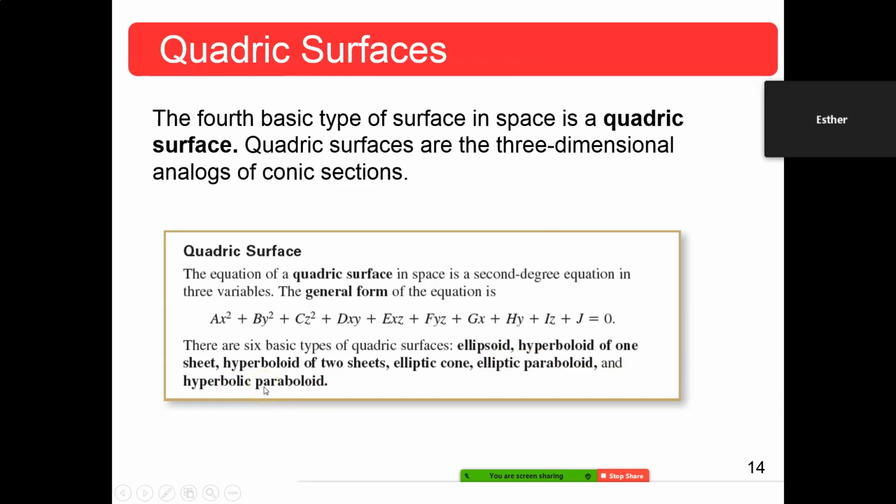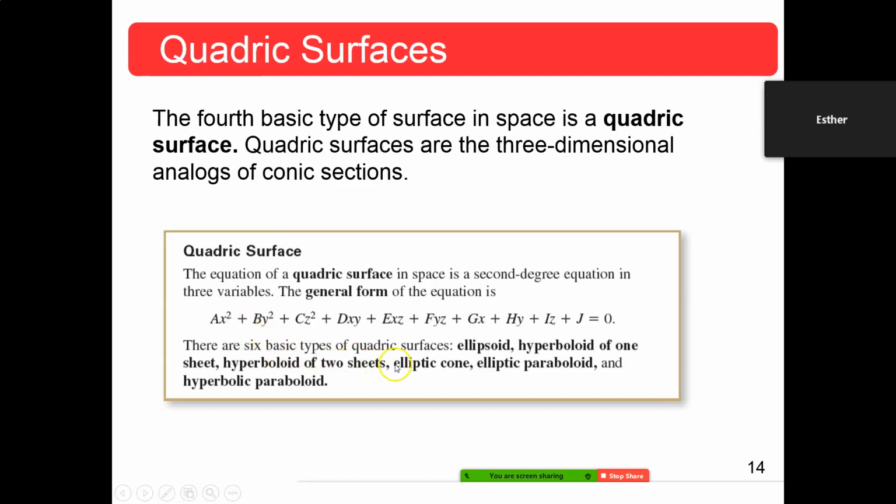So it's going to be helpful to remember. An ellipsoid is a closed surface with A, B, and C all positive. Hyperboloid of 1 sheet and 2 sheets, at least one of those is going to be negative and the others positive, or two positive and the other negative, something like that.